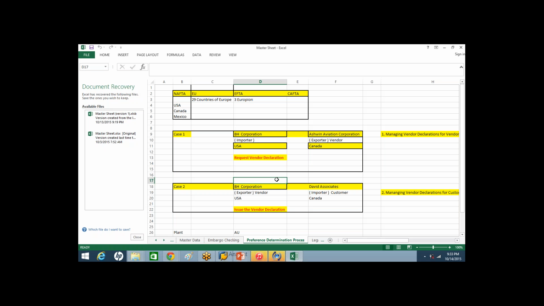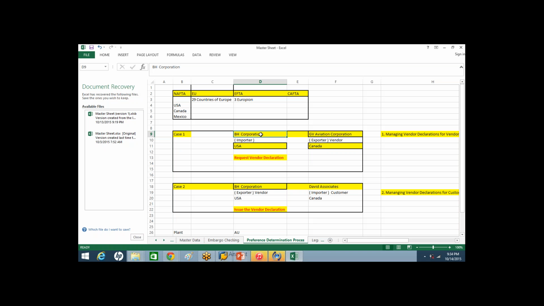In case one, or scenario one, Bell Helicopter is receiving goods from GV Aviation Corporation. These people from Canada are sending the goods to Bell Helicopters, which is in the US.